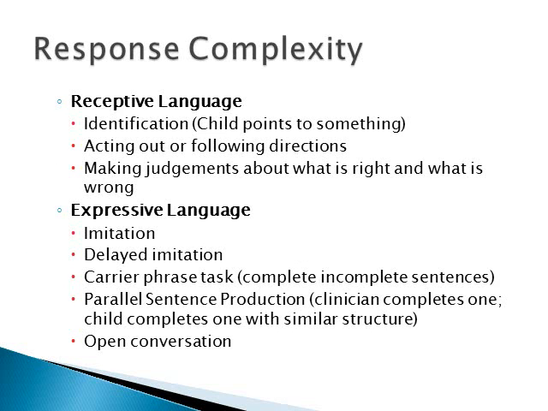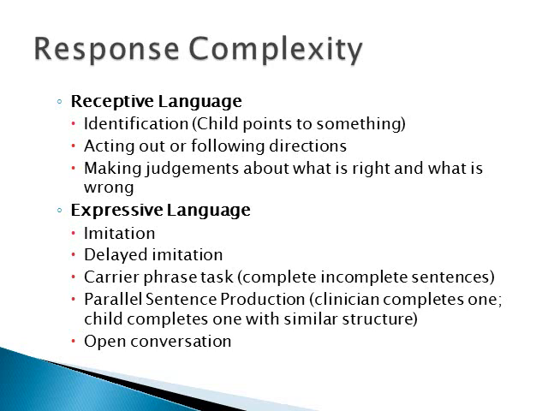Now let's talk about response complexity. When it comes to receptive language, and we've talked about this already a little bit when we talked about assessment, the easiest thing you can do is to ask the child to point to something, okay?